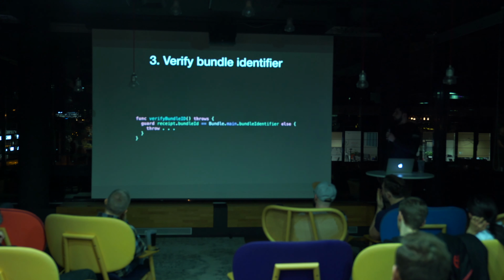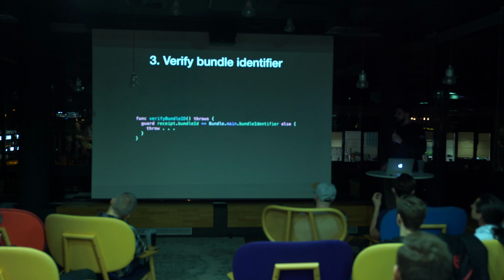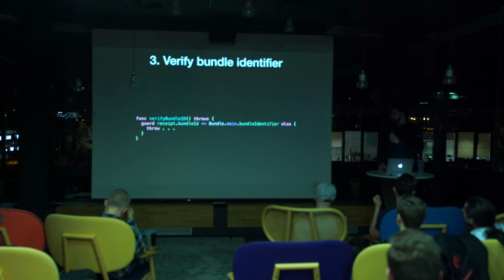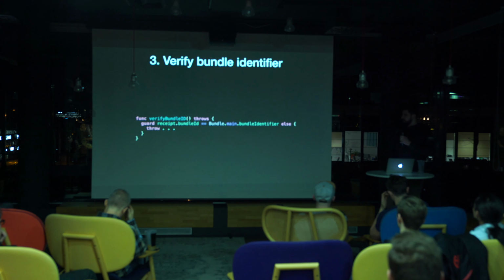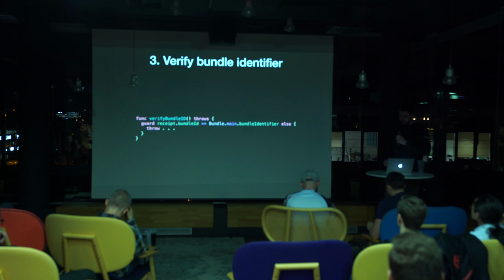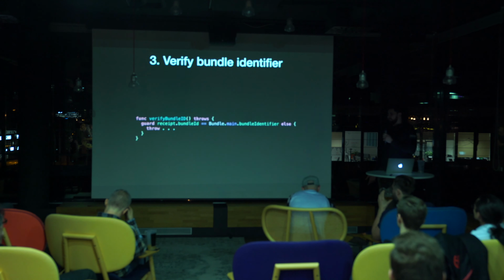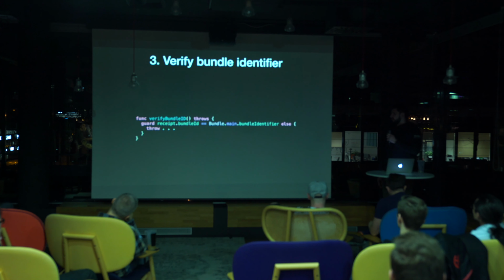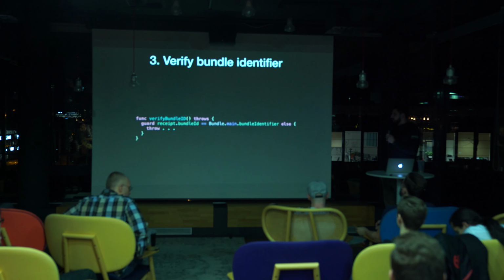The next step is to verify the bundle identifier. Your product identifier is unique only for your app. Multiple apps with different bundle IDs can have the same product identifier. So, for example, when your device is jailbroken, your receipt can be replaced with another receipt with the same product identifier.